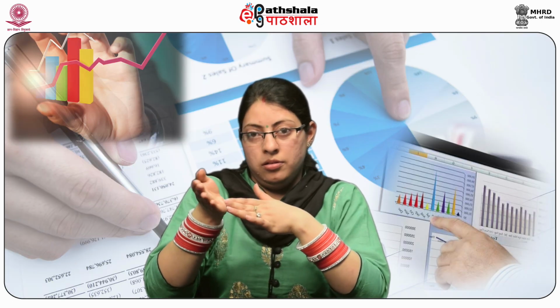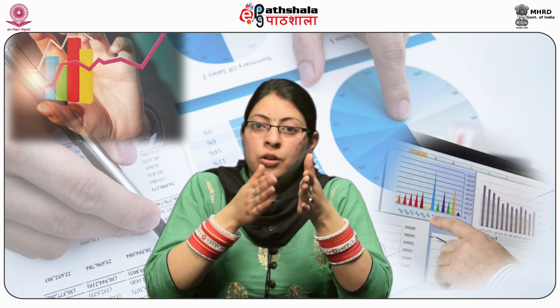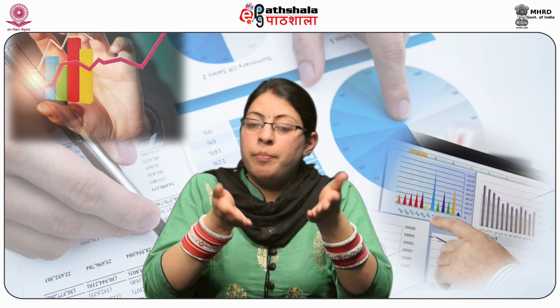The efficiency of a concern depends upon the working operations of the concern. The profit margin will show the efficiency with which assets of the business have been used. The profitability can be increased by controlling costs or increasing sales.